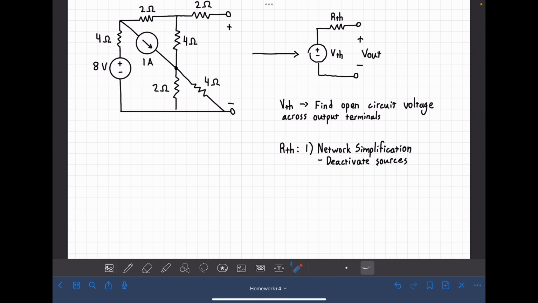In this case, we only deactivate our independent sources. You never want to deactivate dependent sources. And then simplify parallel and series resistors, and you just keep doing that between these two terminals until you have just a single resistor. And that is your R Thevenin.